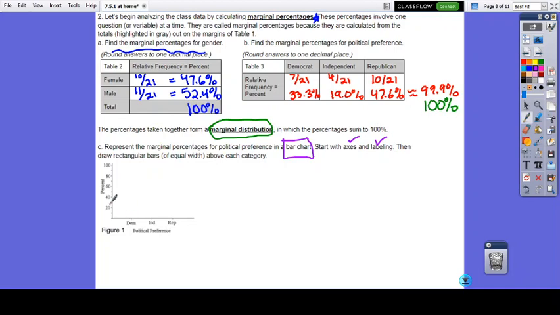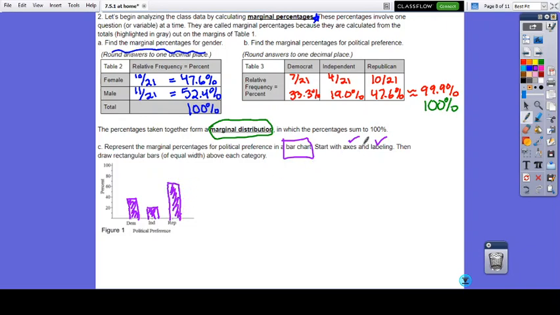You just want to get close. You know that this is your 30. You need to be a little bit above that, below the 40, and you need to make a bar. So something like that. For our independents, we know it's 19%, so we're going to go a little bit below the 20. Just get as close as you can. You're not going to be perfect here, something like that. And for the Republicans, 47.6%, so close to that 50 that's in there, somewhere in here, and then we fill that in.